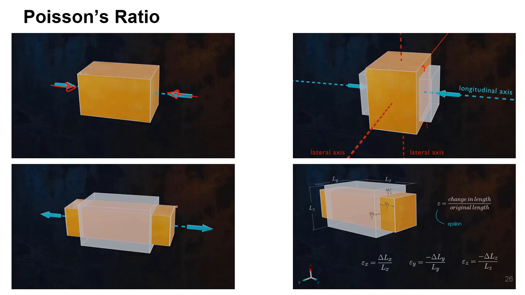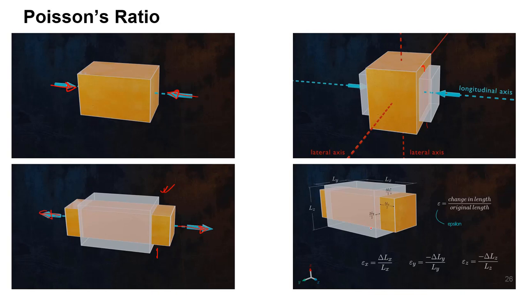Now if you apply a tensile load on that sample, definitely in the longitudinal direction it will elongate, but in the other two lateral directions it will compress.